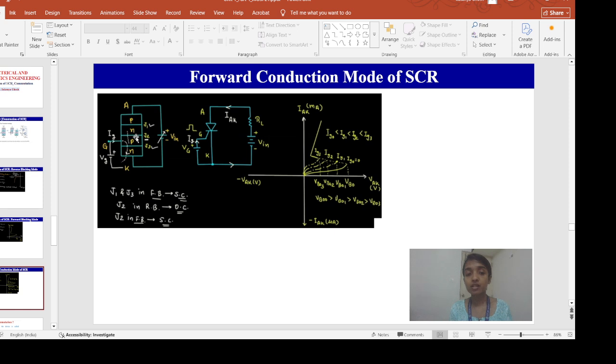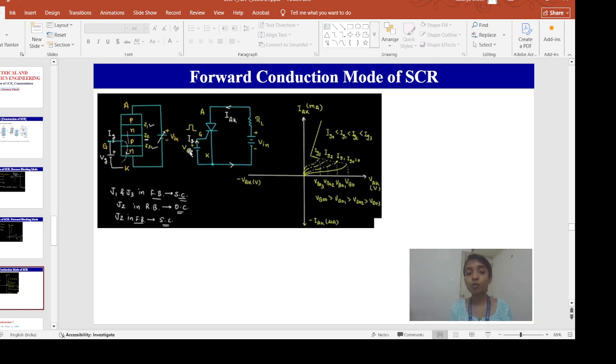So when you start applying this gate current, you can apply a smaller forward breakover voltage to get the anode to cathode current. So you can see here the forward breakover voltage, that means you are now applying less V in once you have started applying the gate current, and at that condition you will start getting conduction through the SCR. That means you will start getting the anode to cathode current.